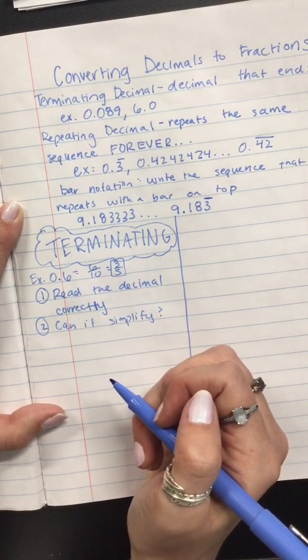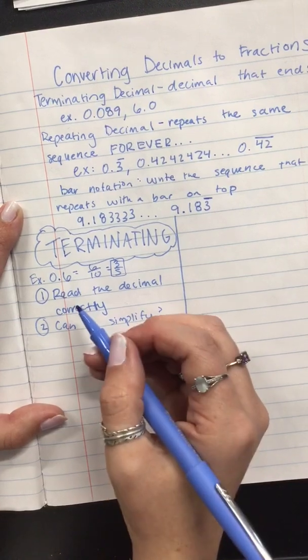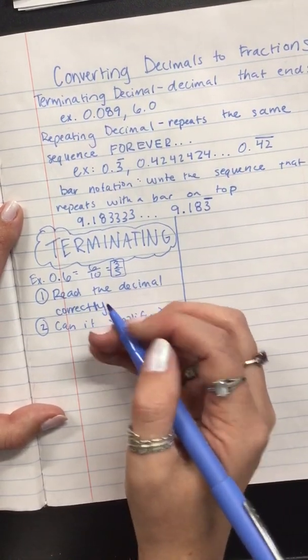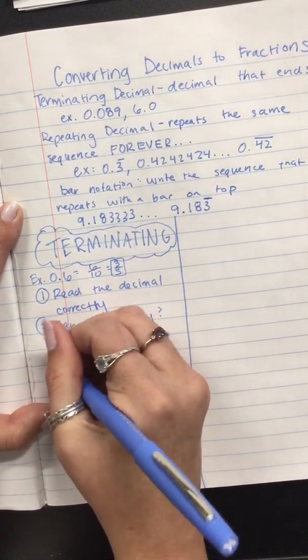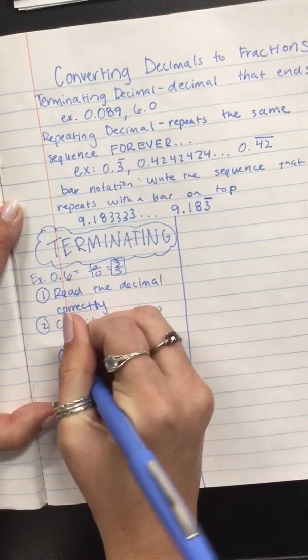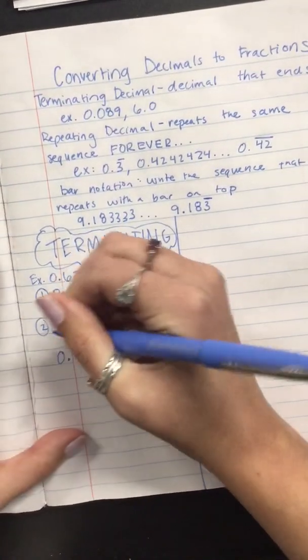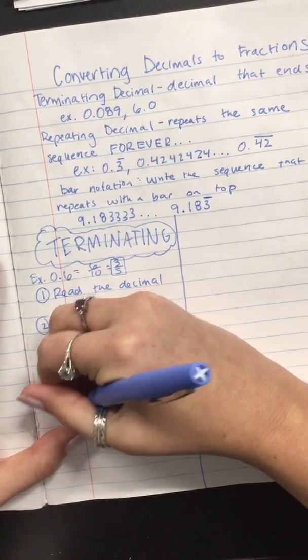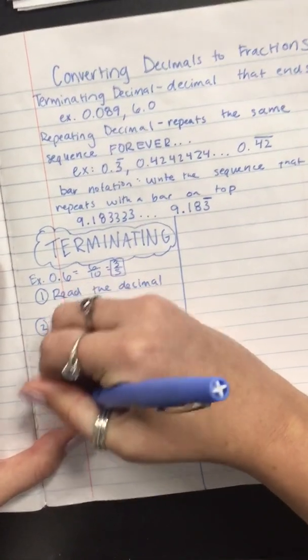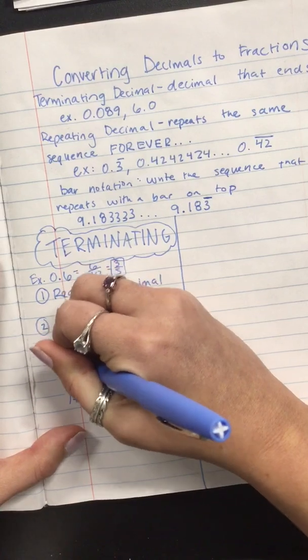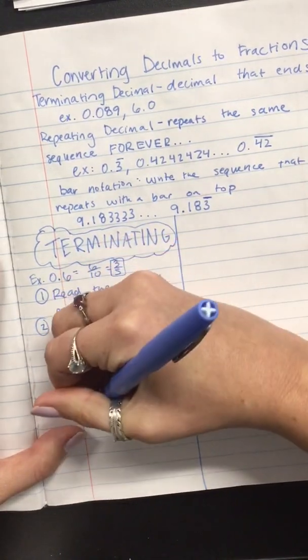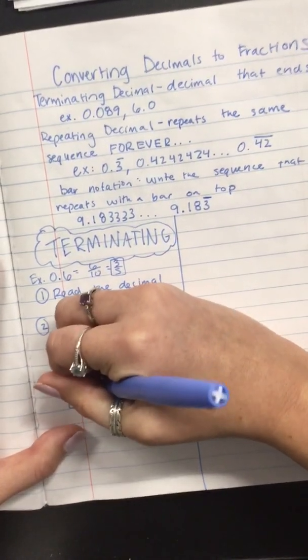Then I'm going to quickly go over our decimal places in case we forget how to read the decimal correctly. If I have something like 0.7489, my first place here is called tenths. So that 7 there is my tenths. The 4 there is my hundredths.